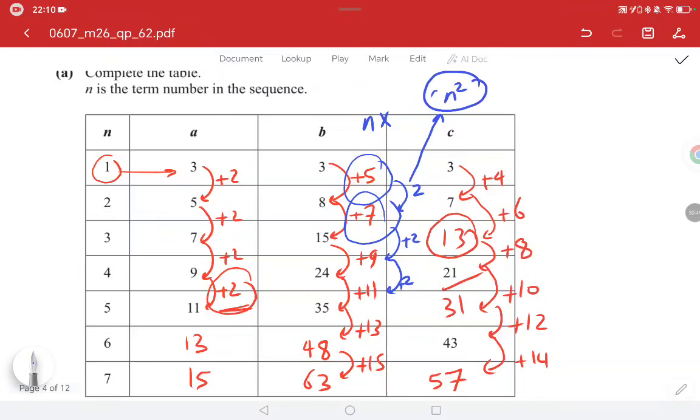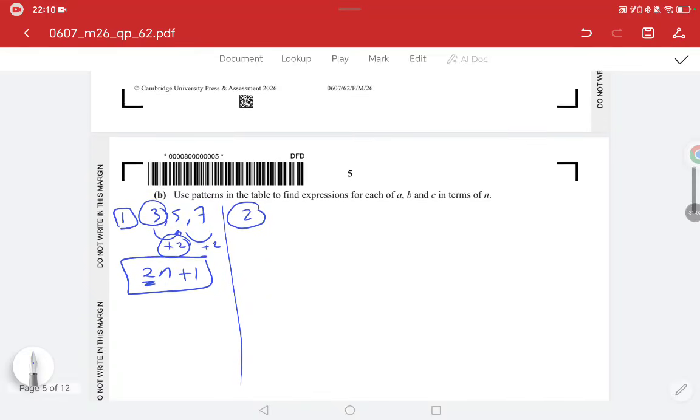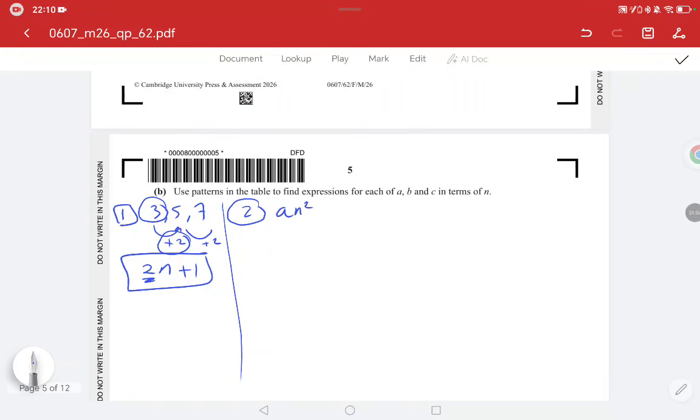So now for sure this one is quadratic, like an squared plus bn plus c. This is the formula for quadratic, because we are sure now that this one is quadratic. But we need to find a, b, and c to know the formula.